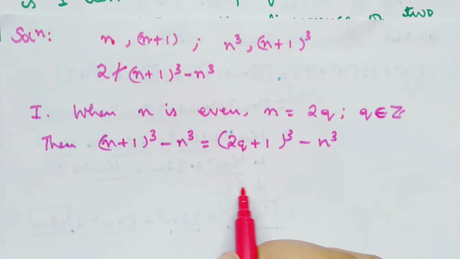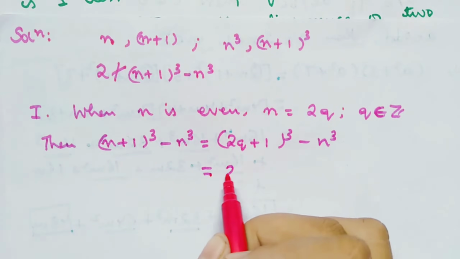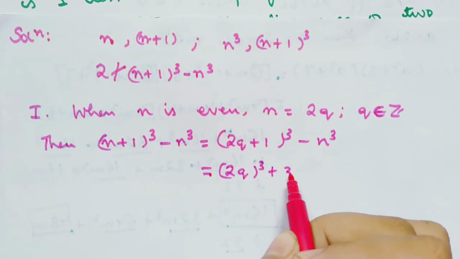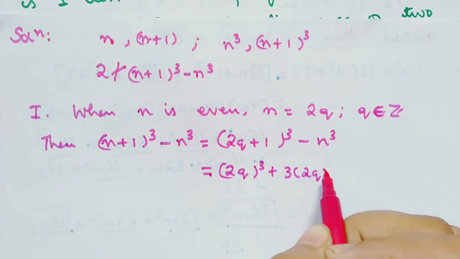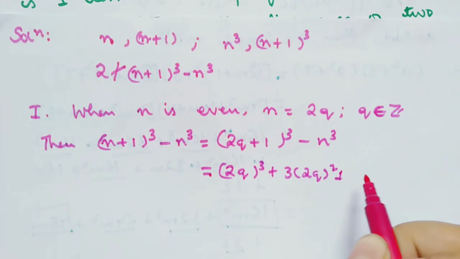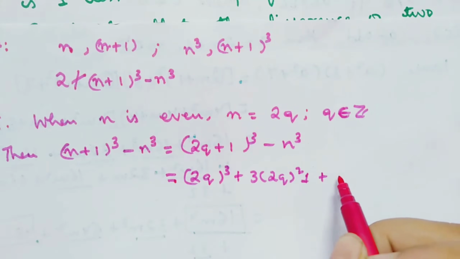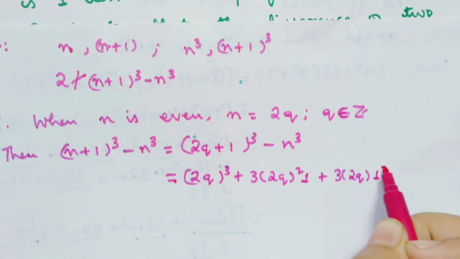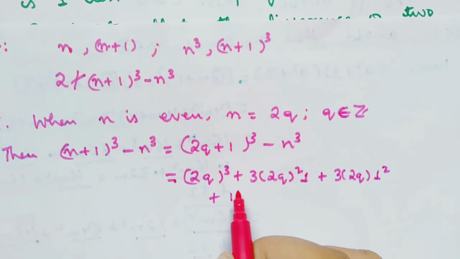We apply the formula. We have (2q) cubed plus 3 (2q) squared into 1 plus 3 into 2q into 1 squared plus 1 cubed.